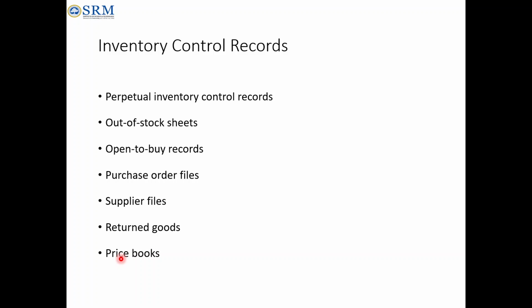So what are all the inventory control records? They can be stored in multiple ways. One is the perpetual inventory control record, which shows the out-of-stock status, how much to buy, what purchase orders we have, how many suppliers we have, and how much they have supplied to us. Some companies also keep a stock or price book.